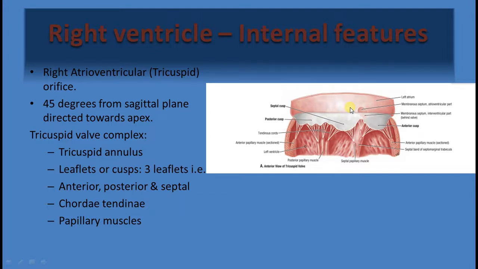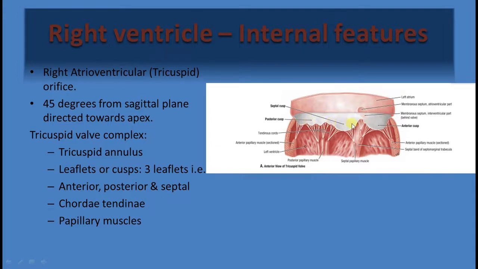The fibrous skeleton of the heart is again a different topic. We have the right and left fibrous trigone, and from that we have the collagenous ring, the lamina cribrosa. Then attached to this collagenous ring are the leaflets.